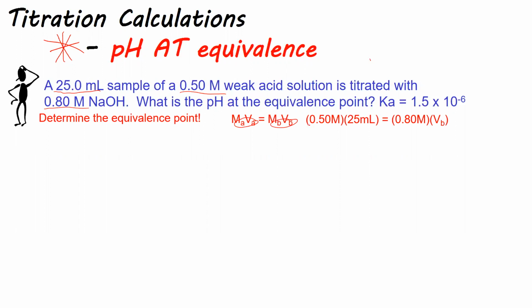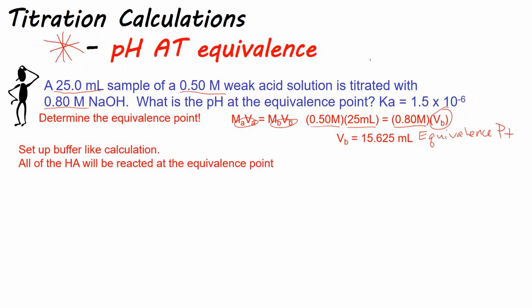So my molarity of acid is plugged in with my volume of acid, and then my molarity of base, and I solve for the volume of base, and I get 15.625 as my equivalence point. Don't confuse the word equivalence with the word equilibrium. This is the equivalence point.